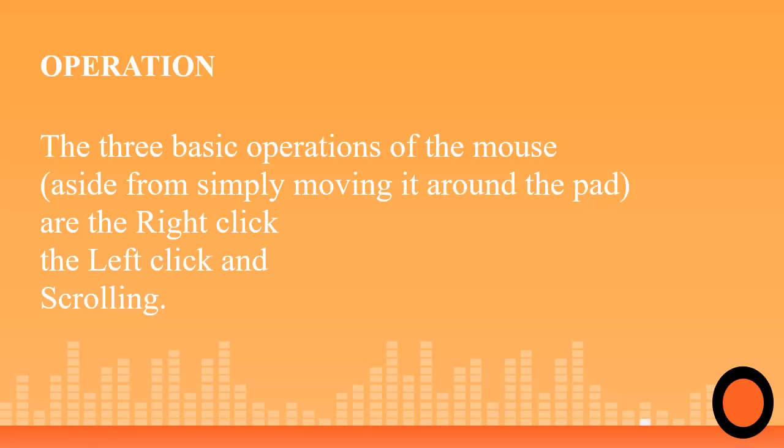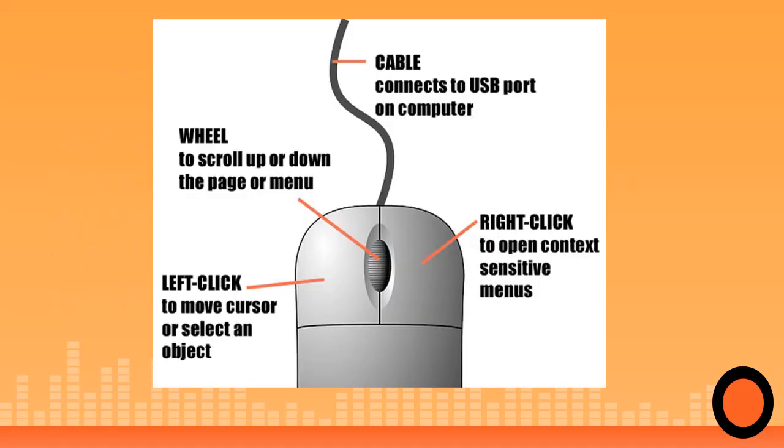Let us learn about it in a little more detail. In this picture, you can see how the left click, right click, and the wheel are labeled. This is how your mouse also looks like. You have the cable that connects it to your computer or your laptop, and you have the different buttons to help you perform different functions on the computer.